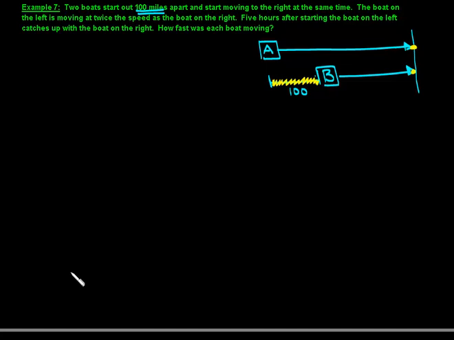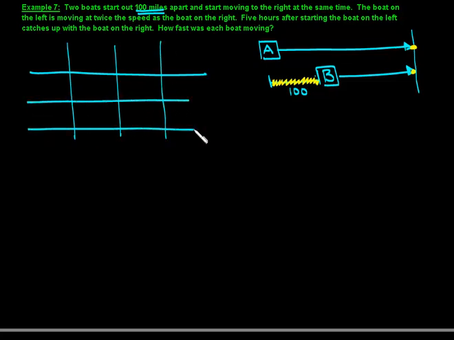Okay, so let's see if we can set up this problem. We'll do a grid and do it. So we have rate multiplied by time is equal to distance, boat A and boat B. Two boats start at 100 miles apart and move to the right at the same time.